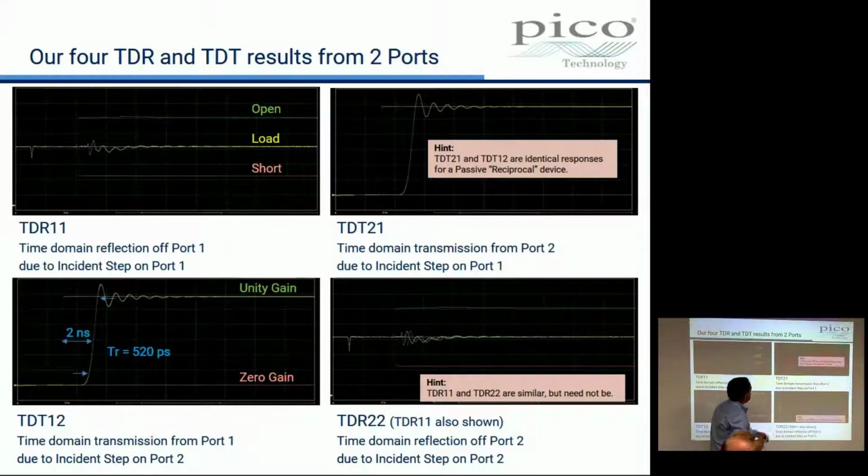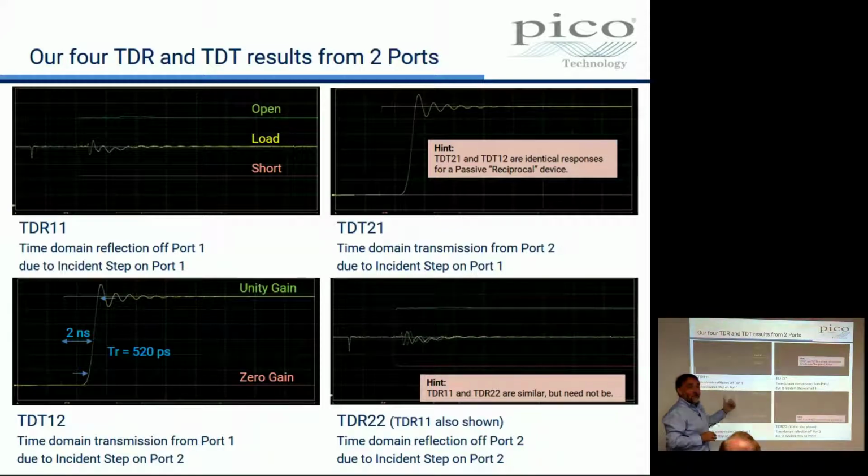TDR21 is the response on port 2 as a result of a step on port 1. TDR12 is the opposite of that. It's the response on port 1 as a result of the step on port 2. And TDR22 is the response off port 2 coming back off port 2, reflecting from the mismatch of port 2 as a result of what we sent at port 2, the incident wave.